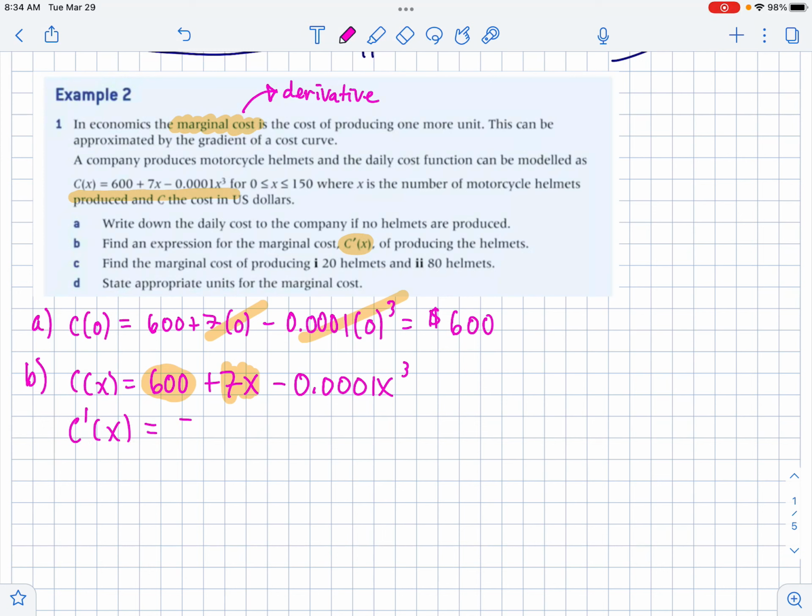And then the derivative of 7x is just 7. So here we'll start to build this derivative. It's 7, and then you have to do the power rule for this guy. You bring the 3 out in front and multiply it with the 0.0001, which gives us 0.0003x squared when you drop the power down one. So this is the marginal cost expression.